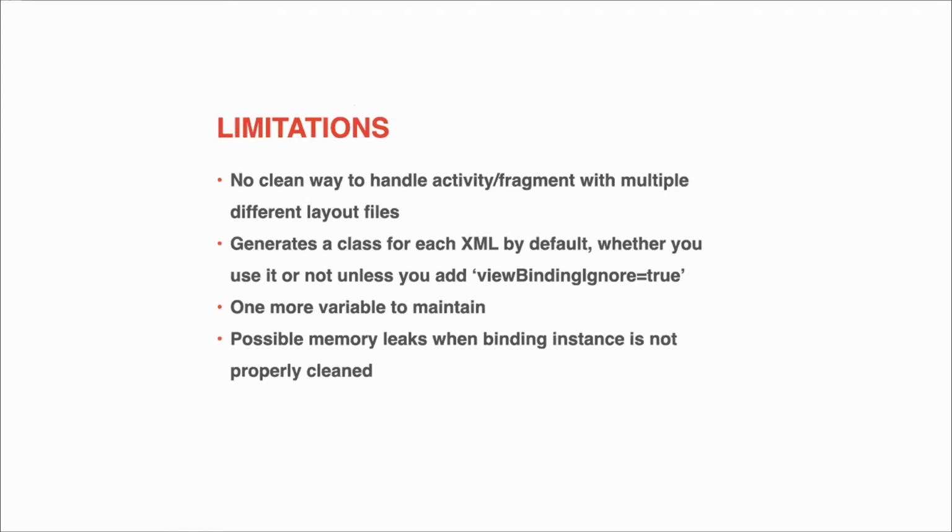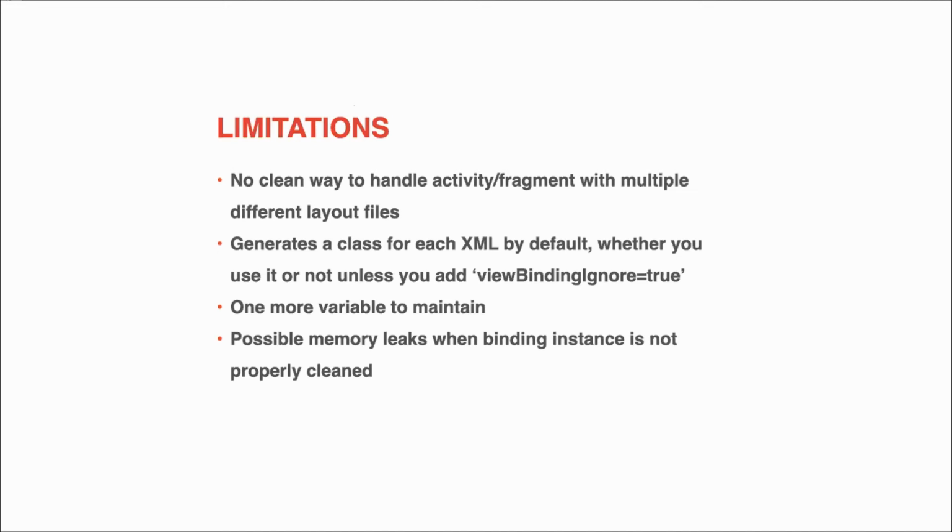So what are the limitations? Limitations are that you can't really handle an activity or fragment that has multiple different layouts, which is something that you probably shouldn't do anyway, but I just wanted to mention this.